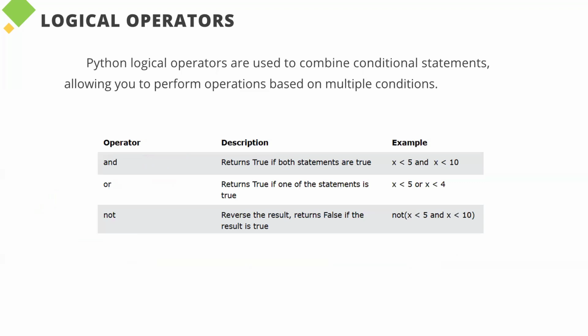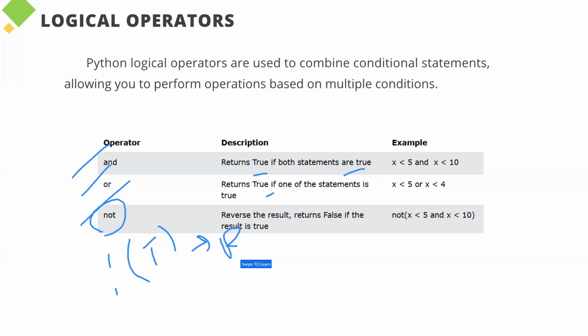That is logical operators. Logical operators are three: and, or, and not. And returns true if both are true, and or returns true if one is true. Not gives the result, like not of true gives false and not of false gives true.